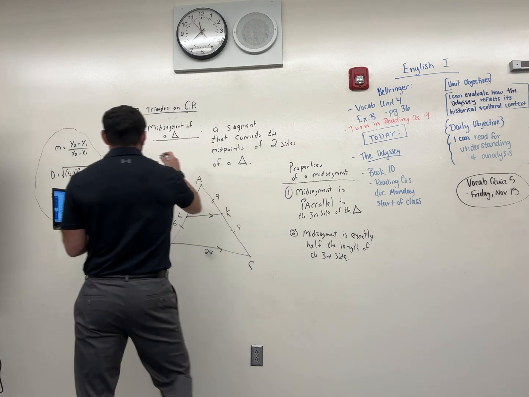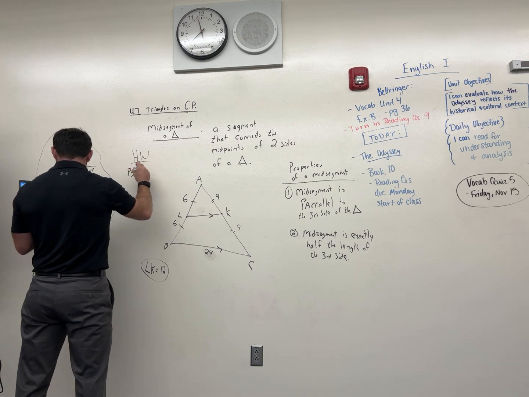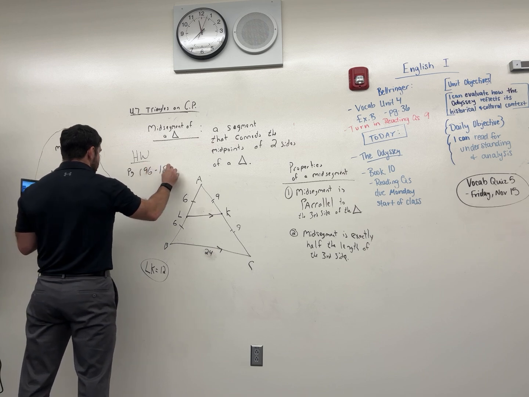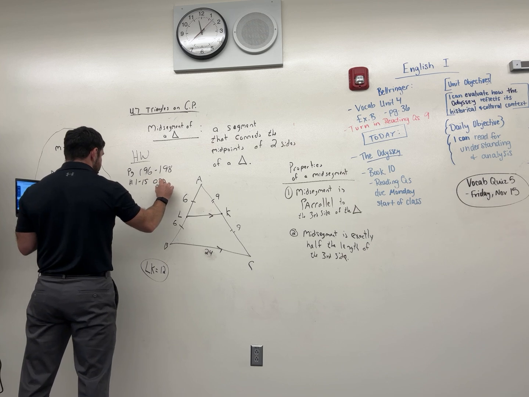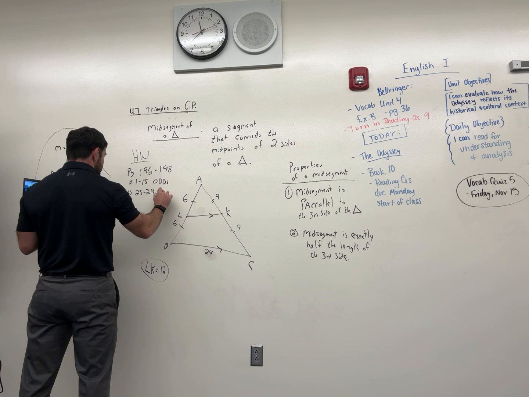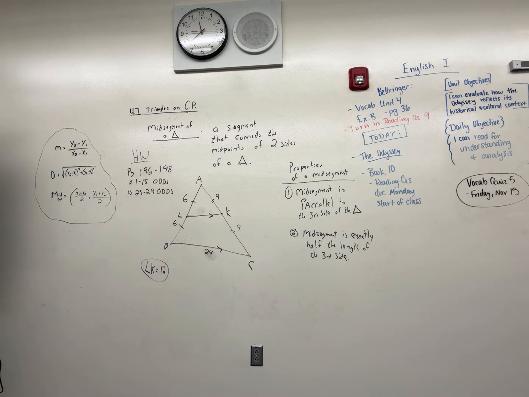Homework: page 196 through 198, numbers 1 through 15, the odds, and numbers 25 through 29, the odds. What questions do we have to get started? Okay, as always, love you guys. Go ahead and get started, please.